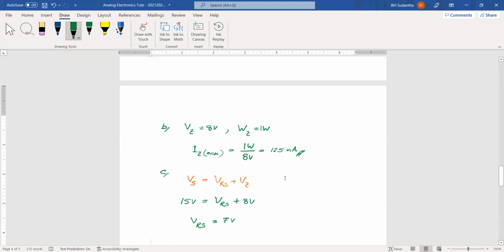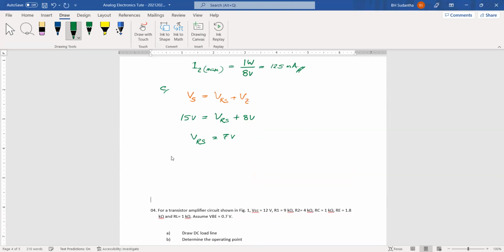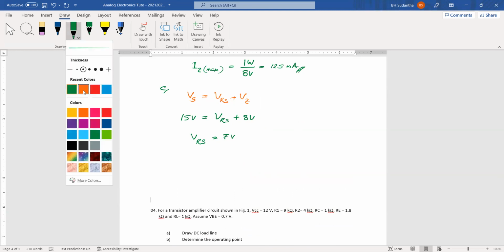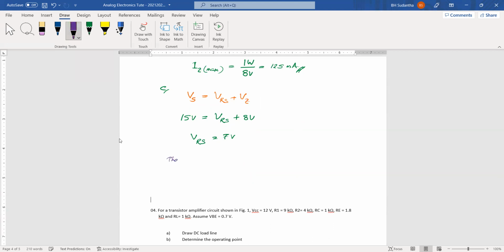At that time, let's see. The maximum IS will be there when IL is 0.